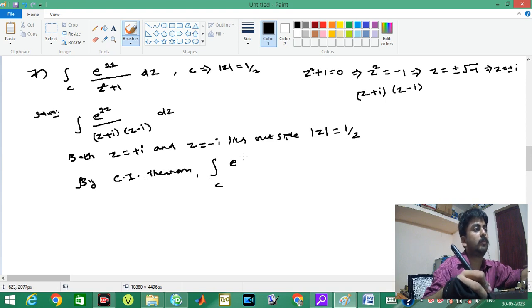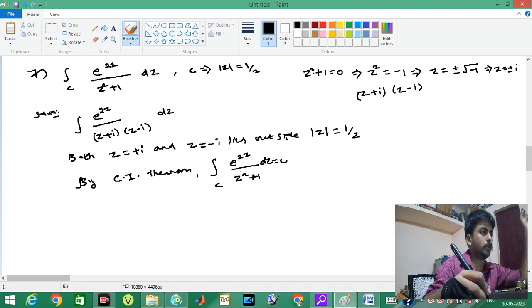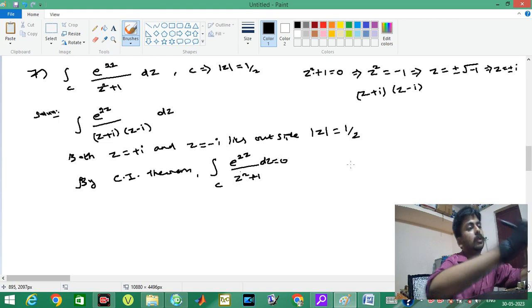The integral over C of e power 2z by z square plus 1 dz equals 0.